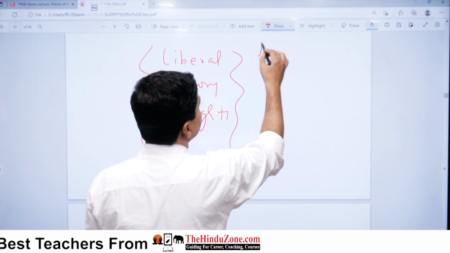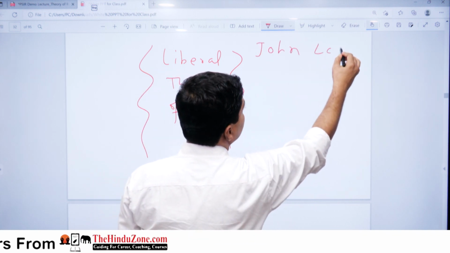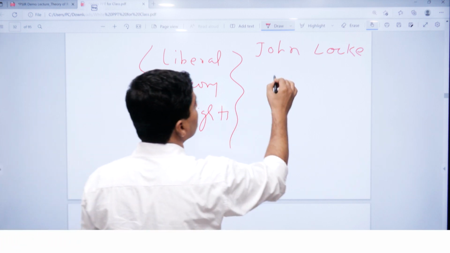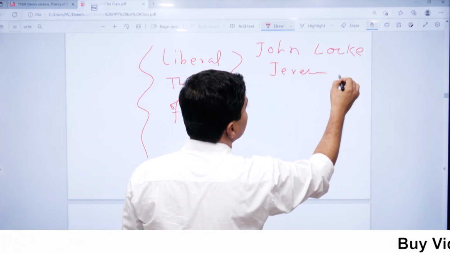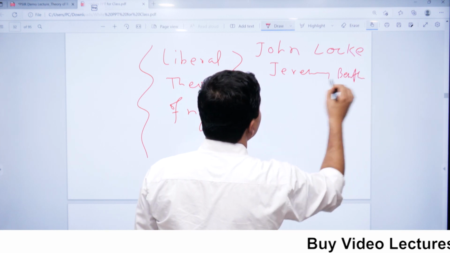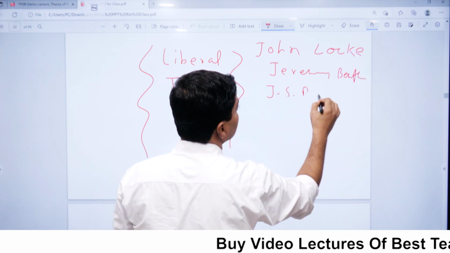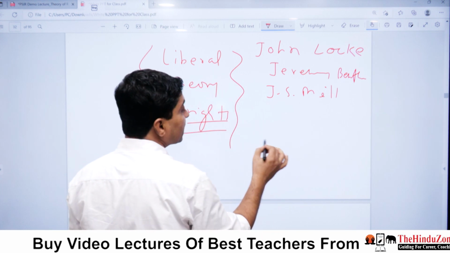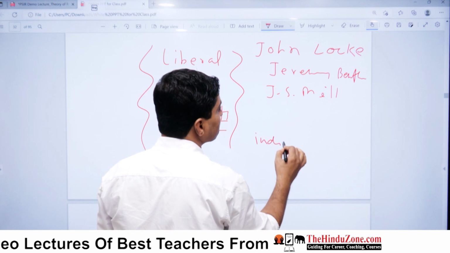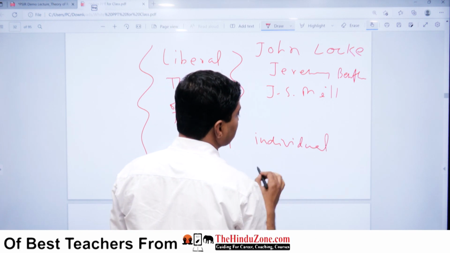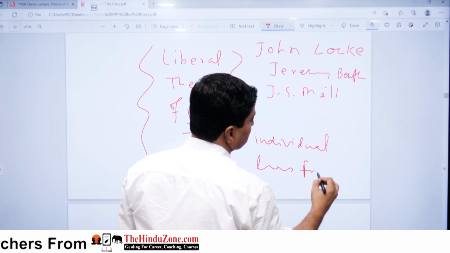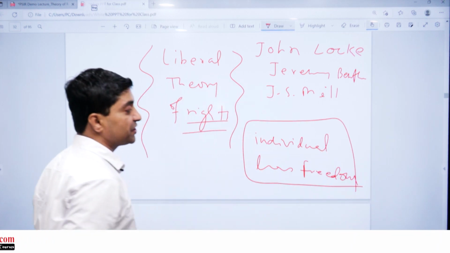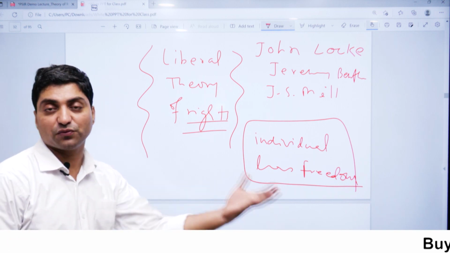Again, John Locke, Jeremy Bentham, then J.S. Mill. They talk about rights and they said that the individual has freedom. Remember the third notion of definition, rights as a set of freedoms.